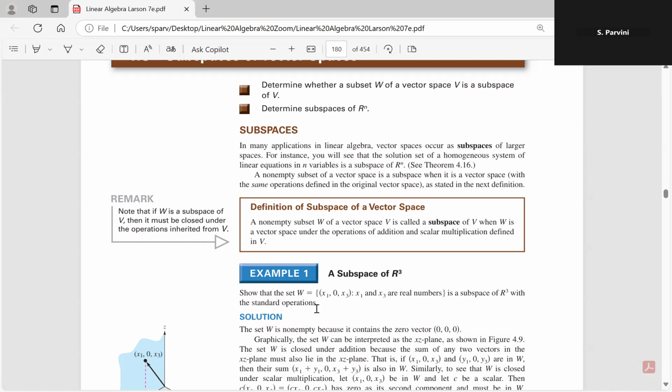And in fact, all operations defined on W are the same as the ones that are defined in vector space V. So however we define these operations in vector space V, they are exactly defined the same way in the subspace. Think of vector space V as the parent vector space. W, the subset, would be the child.